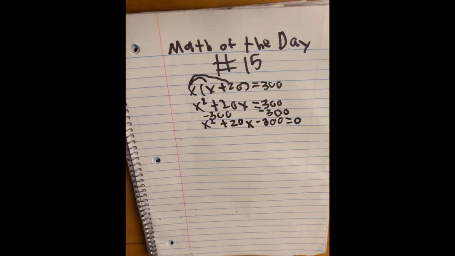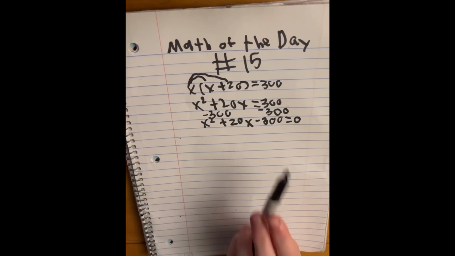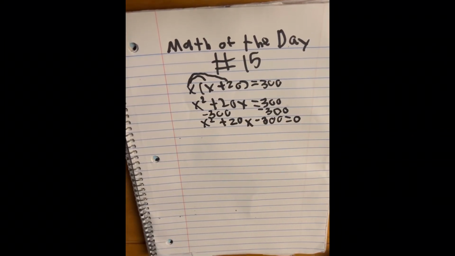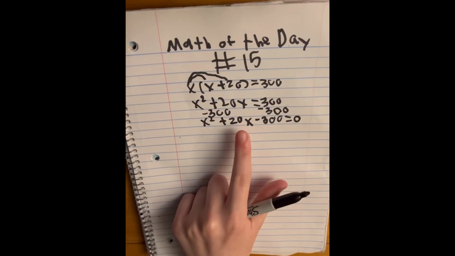Now we're on to factorizing this. When we're factorizing a quadratic equation like this, we have to find two numbers that multiply to negative 300, and add to 20.